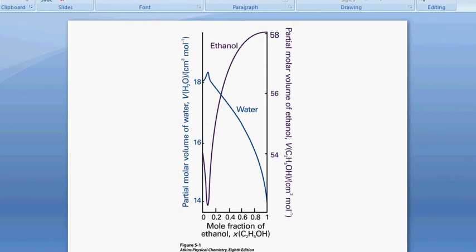So that's the way it changes. For each and every different composition, there's a different value of the partial molar volume. You can understand that if it was an ideal mixture, then it would just be a straight line, right? The partial molar volume will not change.